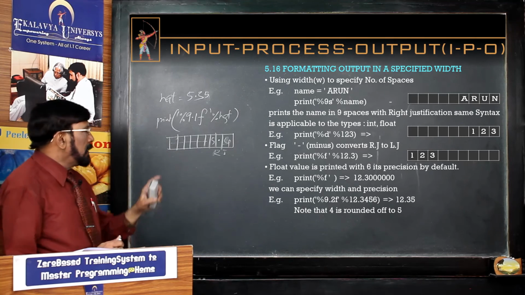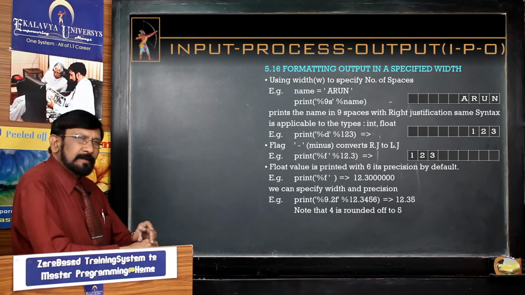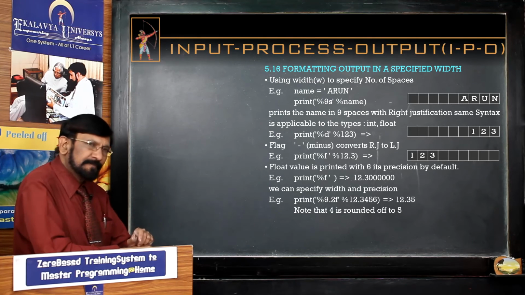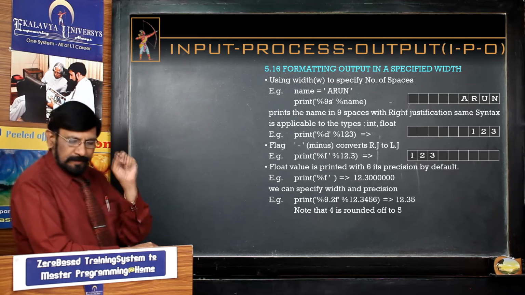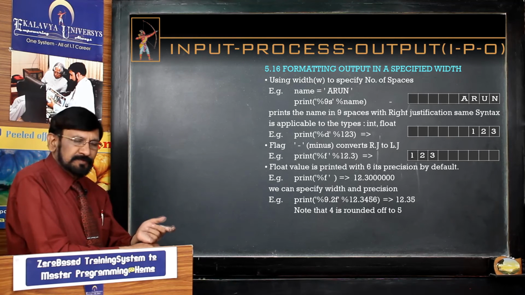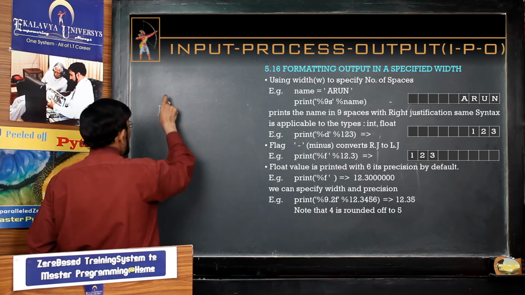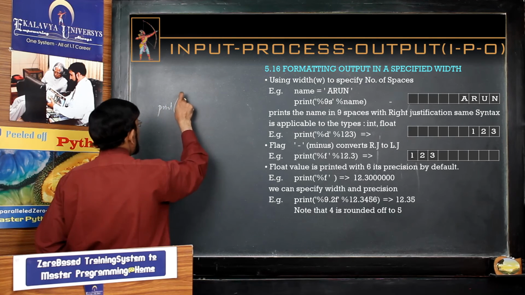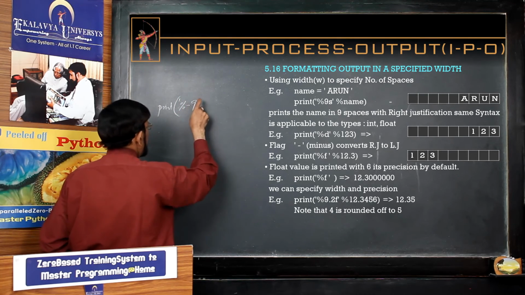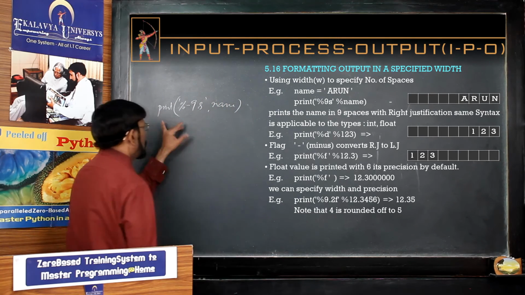In this manner, we can format within a width. So far, I explained about right justification, and it can be made left justification by inserting minus in this code before the width specifier. Now, that also I show you. Print %-9s with reference to the same example, Arun.